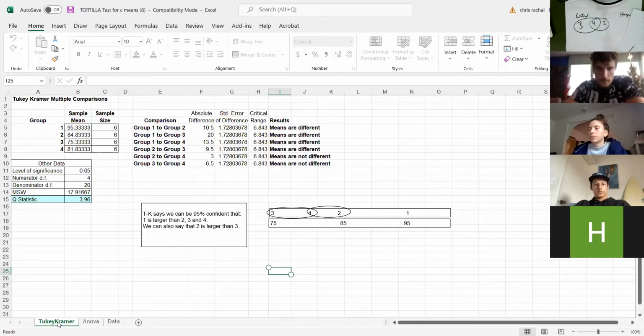And so we'd be able to say that 3 is definitely different than 2. 3 is definitely different than group 1, but it's not significantly different than group 4. And we're looking at the least amount of days that it stayed.